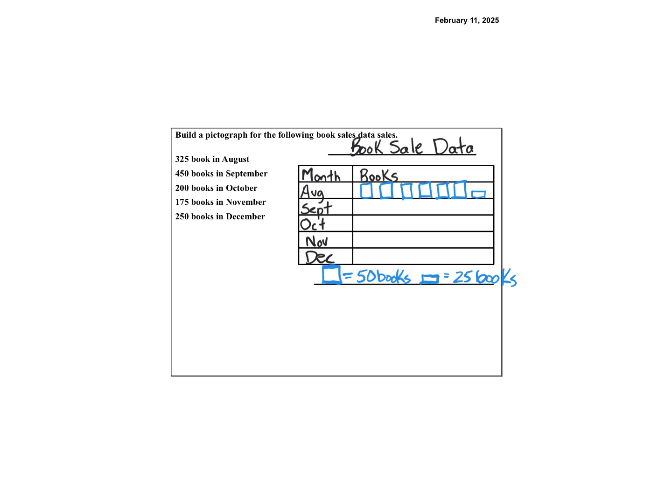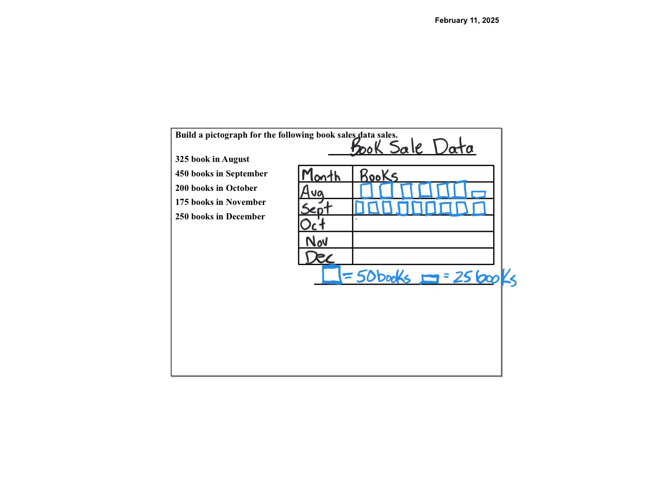So there we go. 450 books. That's just going to be 9 squares altogether. Okay. So September was a good month for books. There we go.